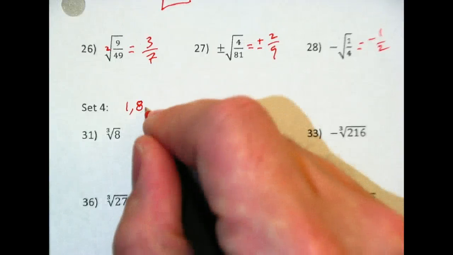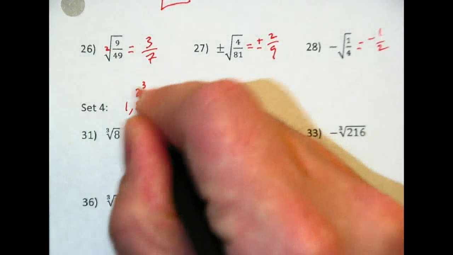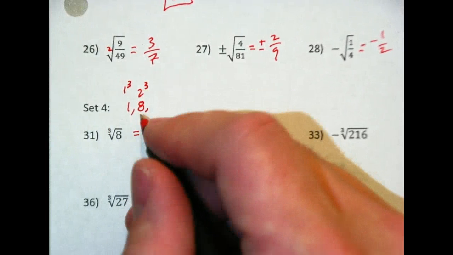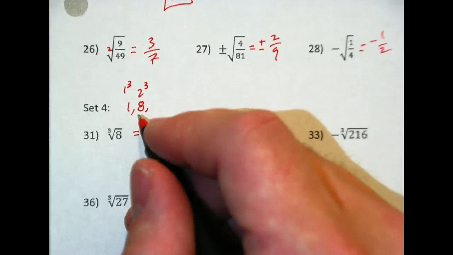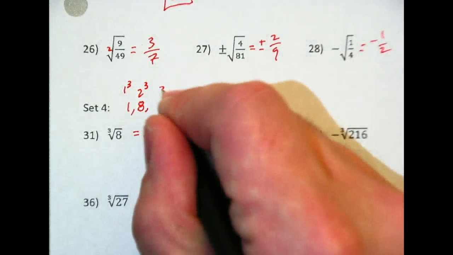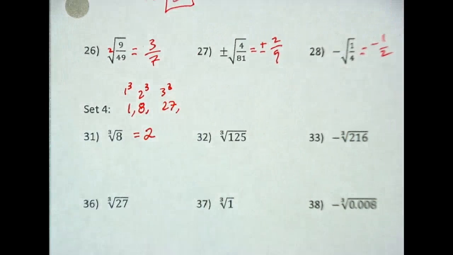So you could list your perfect cubes right here. So 2 cubed is 8. 1 cubed is 1. What's 3 cubed? 3 times 3 is 9 times 3 is 27. So 3 cubed is 27. So it's good to recognize some of those. 4 cubed is?